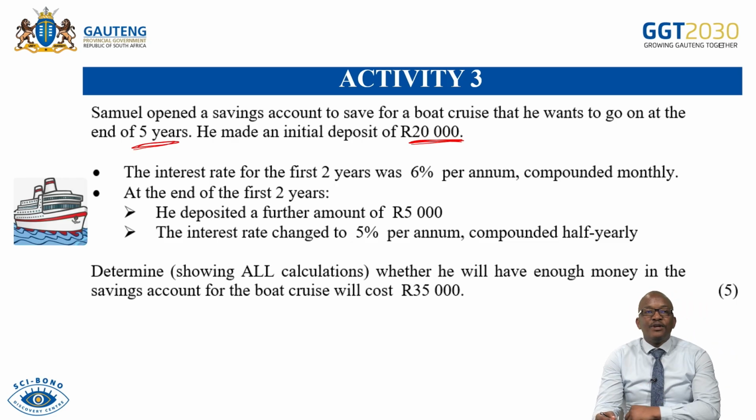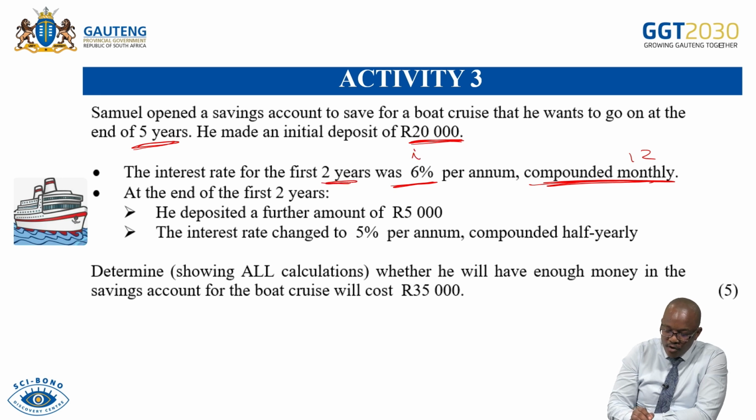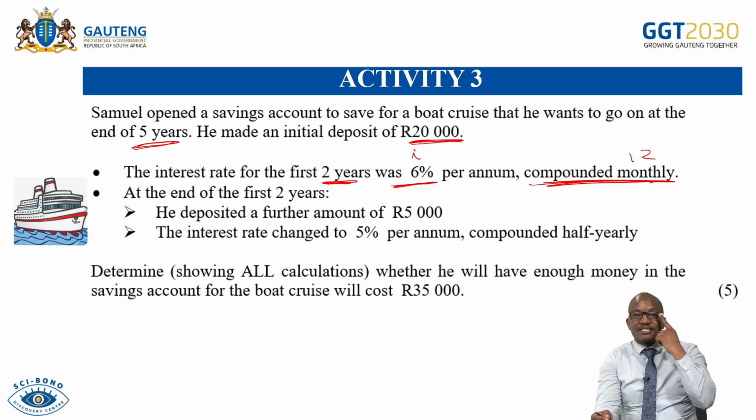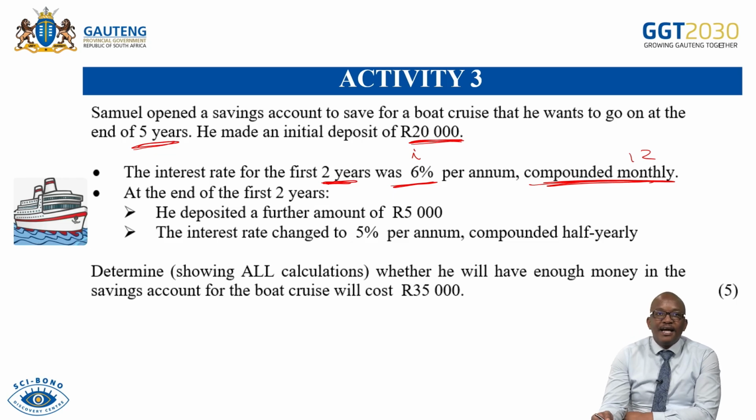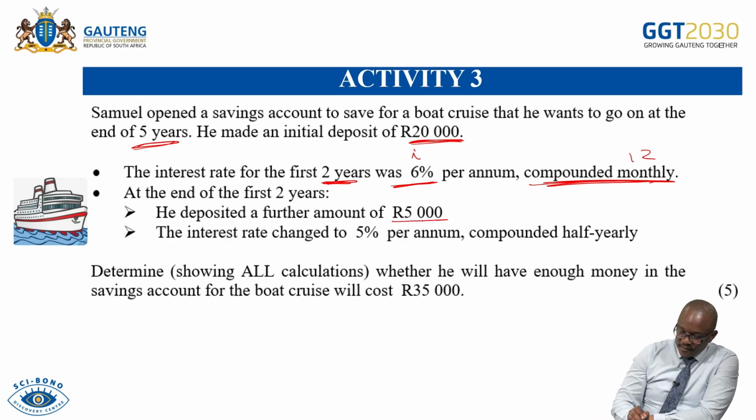And then the first bullet says the interest rate for the first 2 years was 6% per annum, compounded monthly. Remember, monthly is 12, and then that is our interest for the first 2 years. Then they're saying, bullet 2, it says at the end of the first 2 years, he deposited a further amount of 5,000.